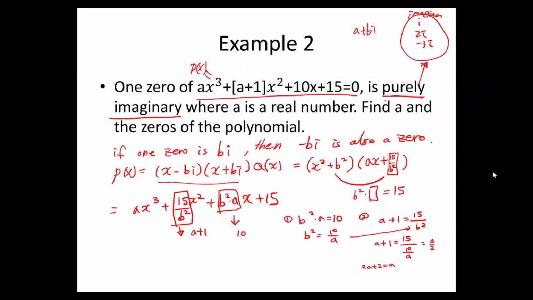wait a second, what did I do wrong? Right, so a is negative 2. Is it okay so far? Is there any mistake I made, guys? No?